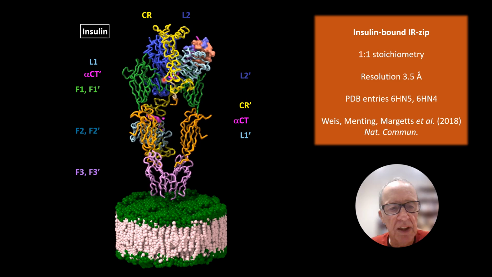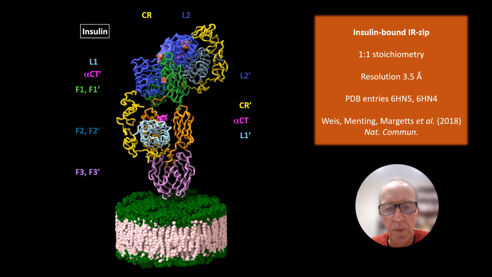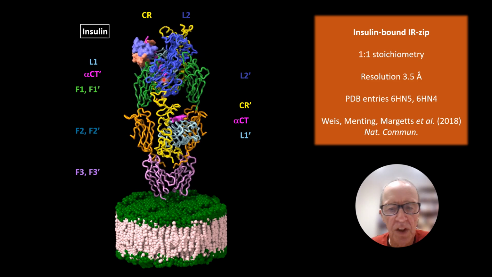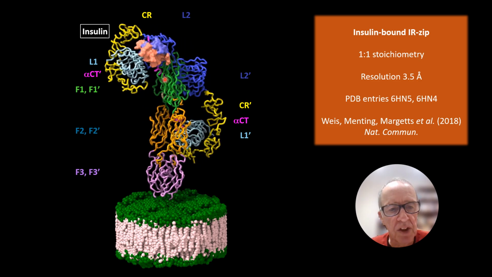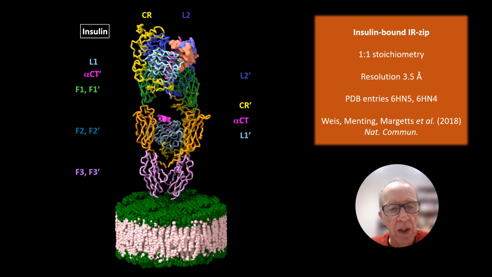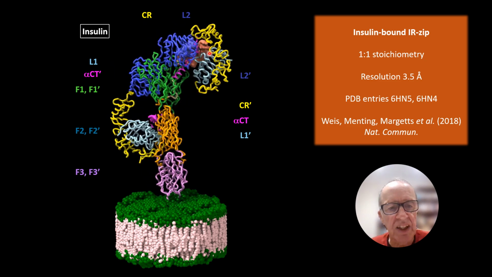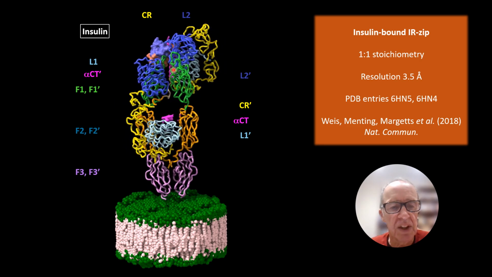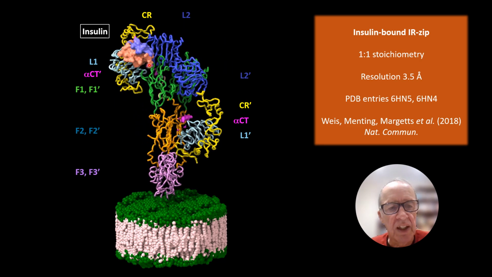But as I point out, the stoichiometry is now 1-to-1, which is what we would expect under physiological conditions. But still, the final conundrum is not solved, and that is, why do we not see the second receptor binding surface of insulin actually engaging the receptor, and we see, as it were, this third small interaction at that site?